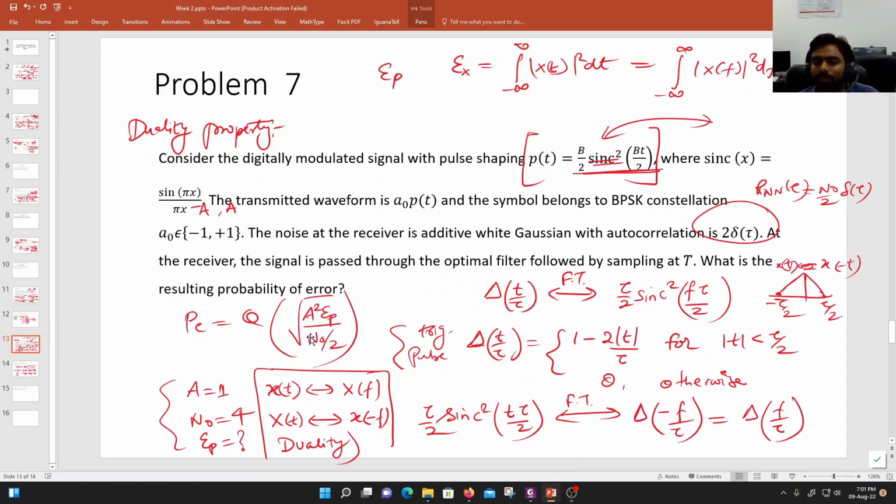One thing we have to remember in all the problems is that we need a few things like the energy of the pulse, the autocorrelation values of the AWGN noise, and the constellation, this A value, of the digitally modulated signal. Today I have taken PSK only. In the subsequent tutorials we will take some other ASK or other PSK topics.